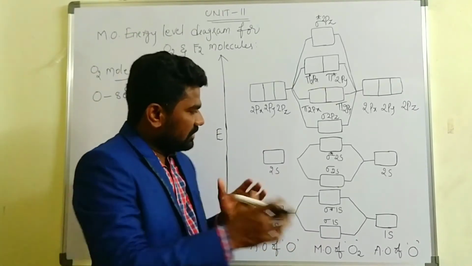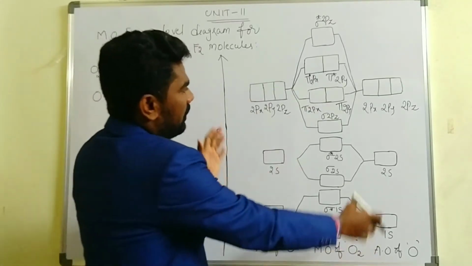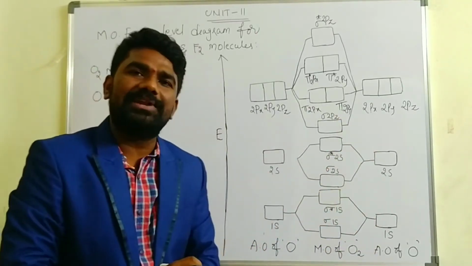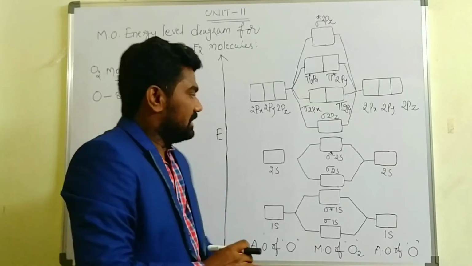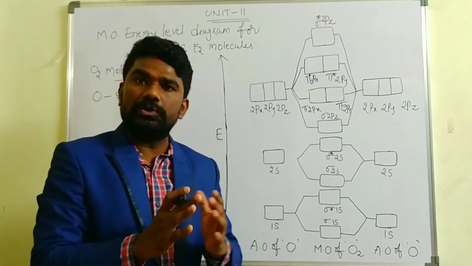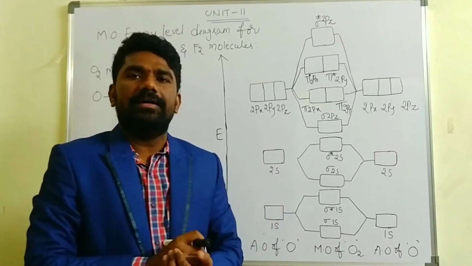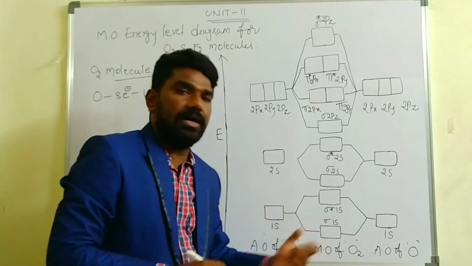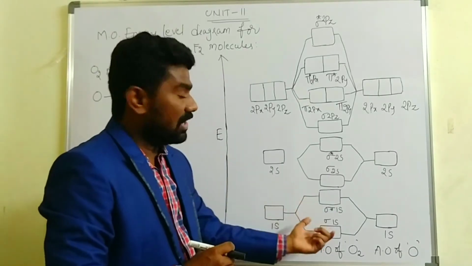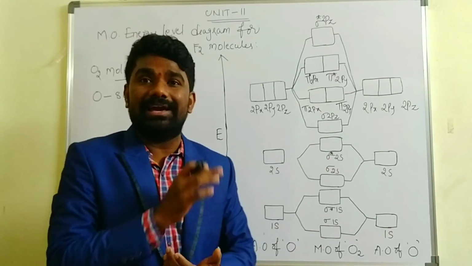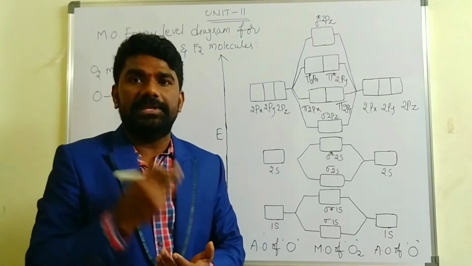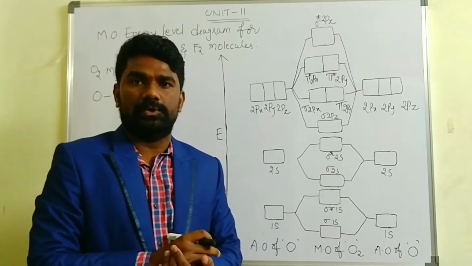Next, after drawing this molecular orbital energy level diagram, what do we have to do? We have to fill the electrons in the molecular orbitals of the O2 molecule according to the 3 fundamental rules.